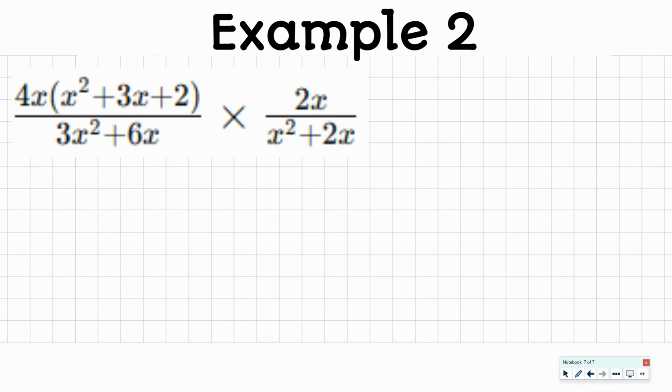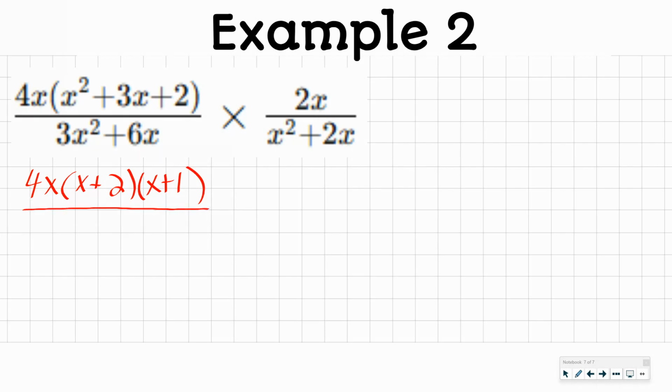I am going to take this numerator, 4x, and I am going to factor x squared plus 3x plus 2 into x plus 2 and x plus 1, because the factors of 2 that add up to 3 are 2 and 1.